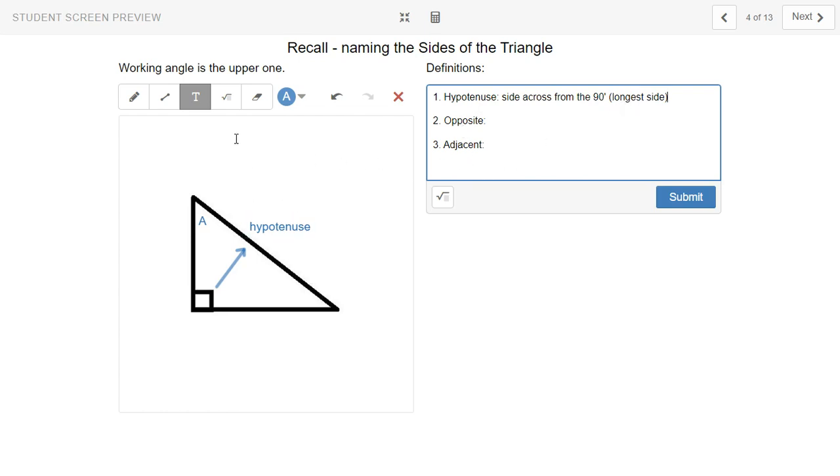Now, our other two sides will depend on where our working angle is. In this case, our working angle is the upper corner, and so the opposite is going to be this side that is opposite to the working angle.